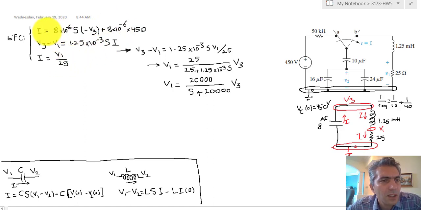So I'm going to rewrite that equation, in other words, and say 10 to the 6 I is equal to minus 8 S V3 plus 8 times 450, which is actually 36 times 10 to the 2.